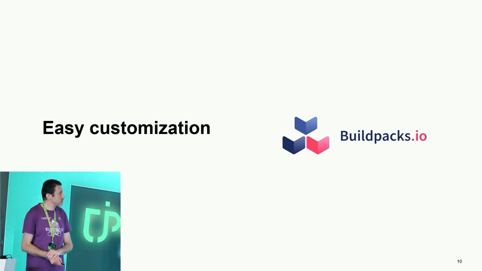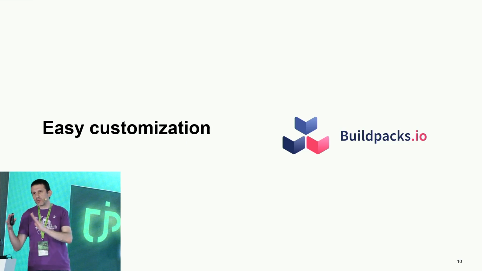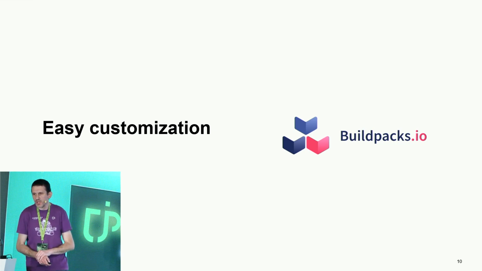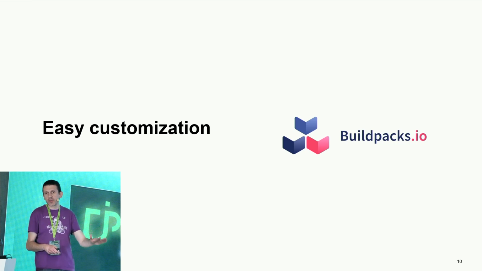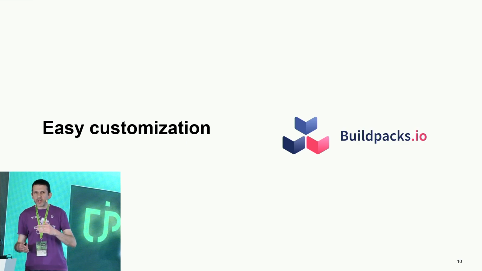Easy customization, what does it mean? First of all, there are a lot of existing Buildpacks already in the so-called Paketo project. This is maybe, let's say, the reference implementation for Cloud Native Buildpacks for different languages, for different frameworks. But you can also provide your own Buildpack.